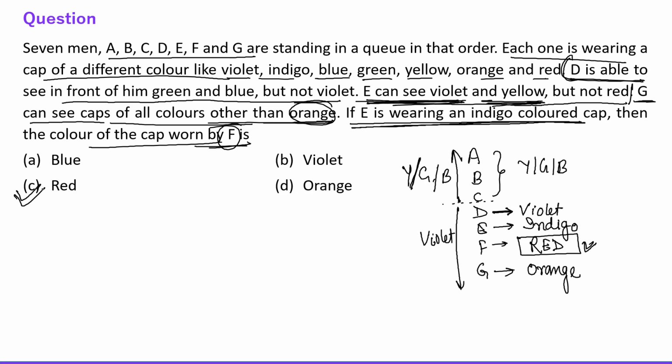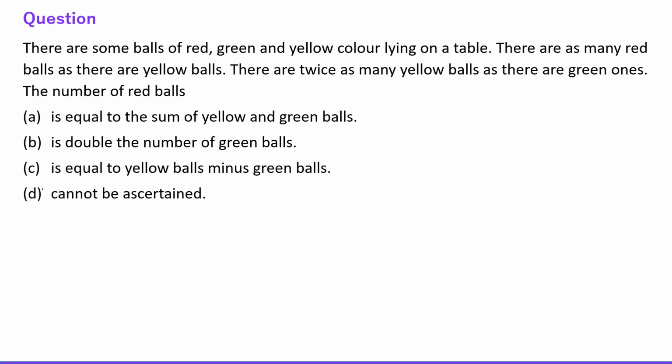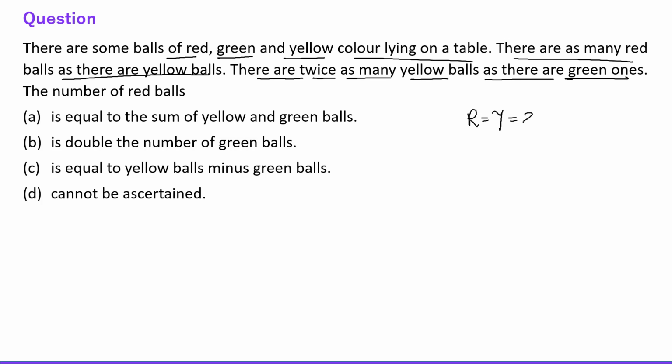Let's talk about the next question. There are some balls of red, green and yellow colors lying on a table. There are as many red balls as there are yellow balls. So red is equal to yellow. There are twice as many yellow balls as there are green balls. So yellow is equal to twice of green.